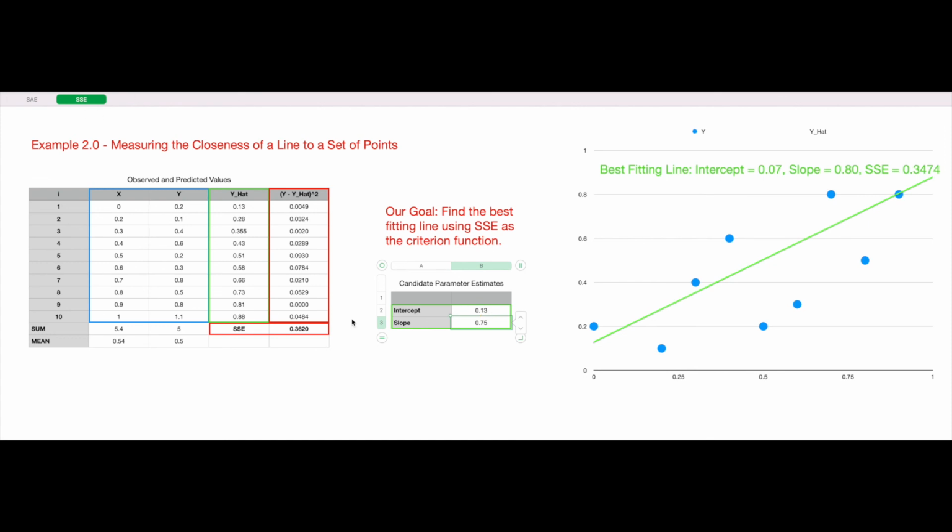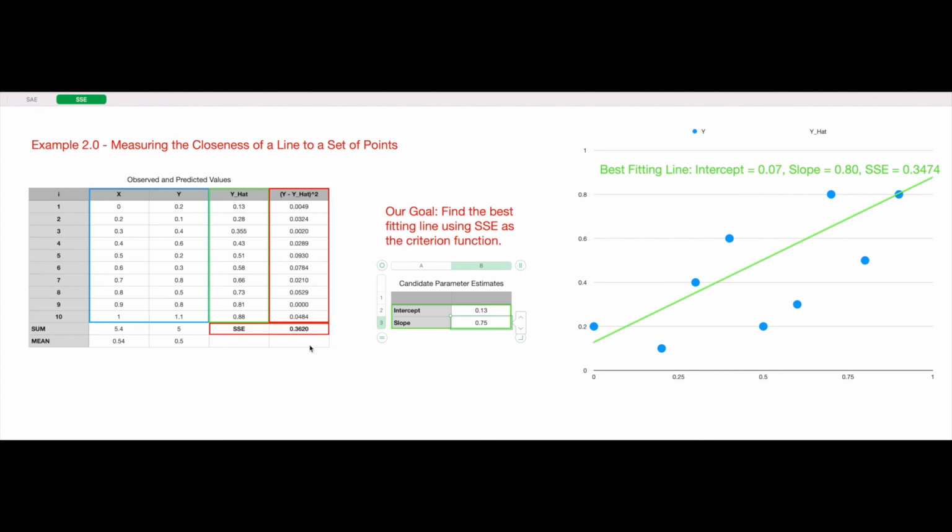All right, so look at what happens to the SSE, the sum of squared errors, when we evaluate that quantity at the SAE line. So a line with an intercept of 0.13 and a slope of 0.75.